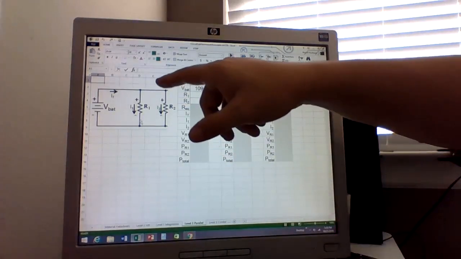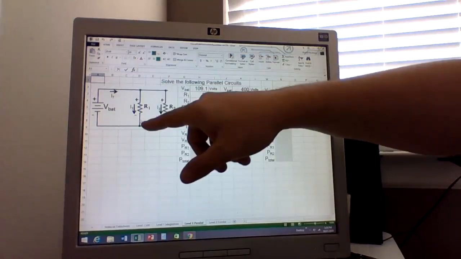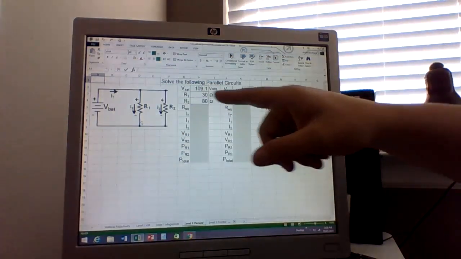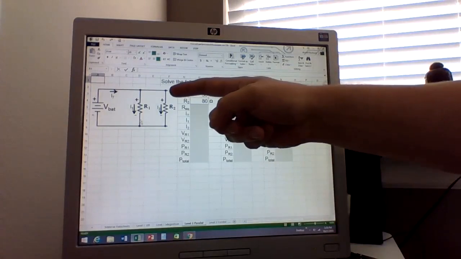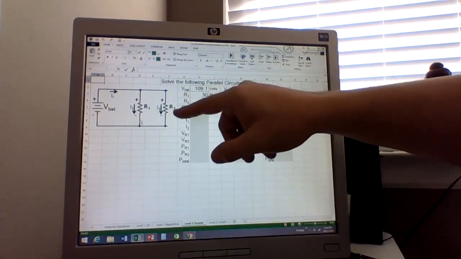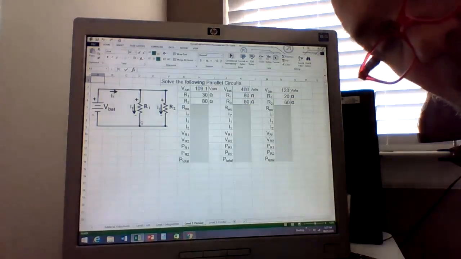Now, what we'll notice is that the individual currents here, that would be 400 volts divided by 80 ohms here, which would be 5 amps. And I'll also notice I get the same thing here. 400 volts divided by 80 ohms is equal to 5 amps.